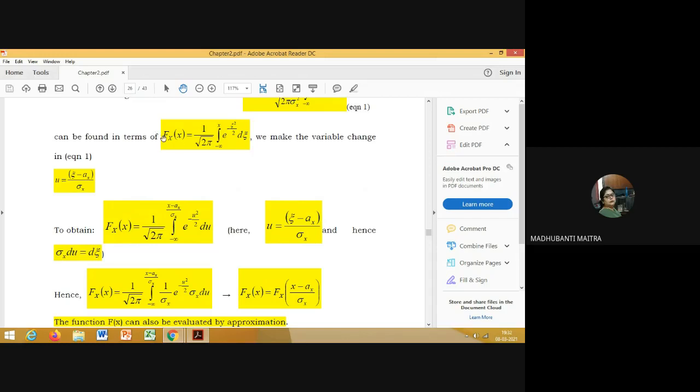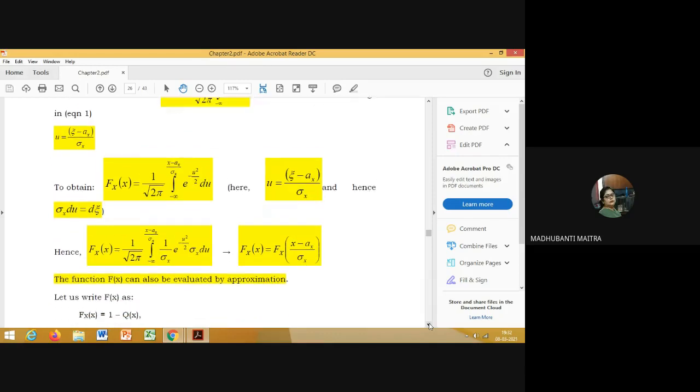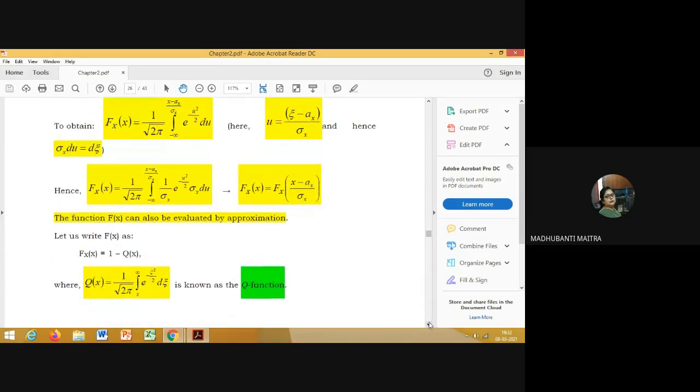Now 1 minus Fx, then the limit will simply change from x to positive infinity, isn't it? Only the limit will change, and the limits will become x and infinity. So integration x to infinity e to the power minus zeta square by 2 d zeta. Clear?